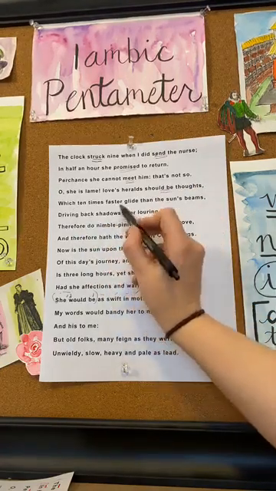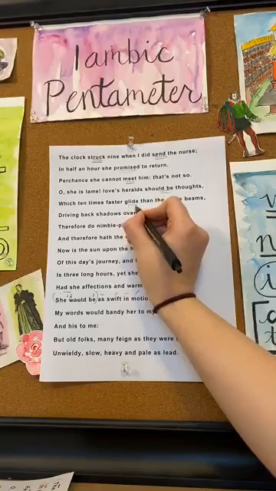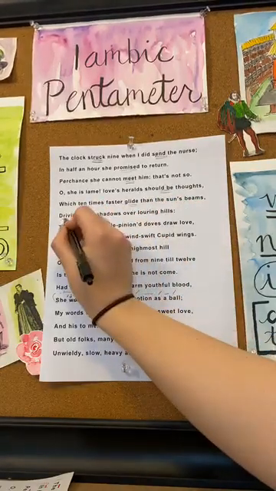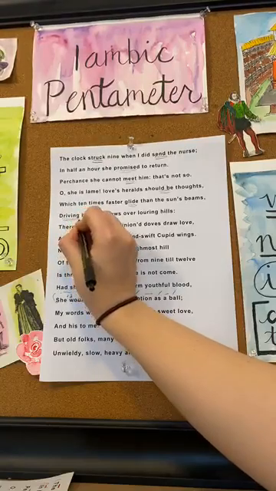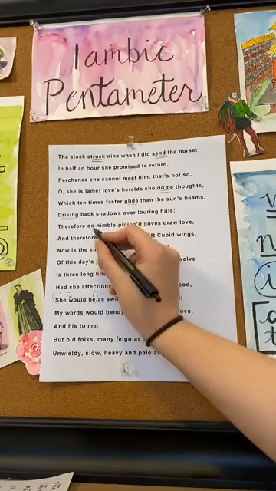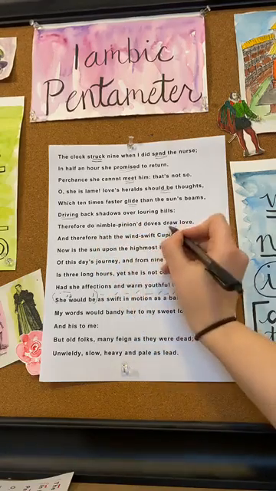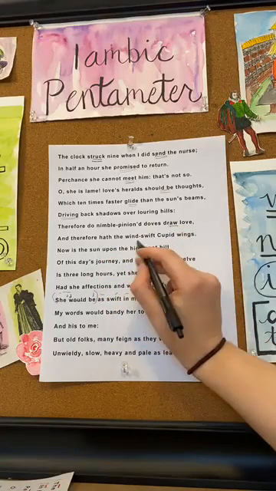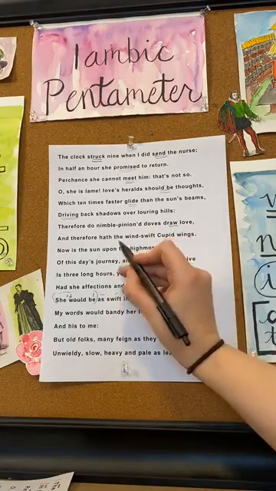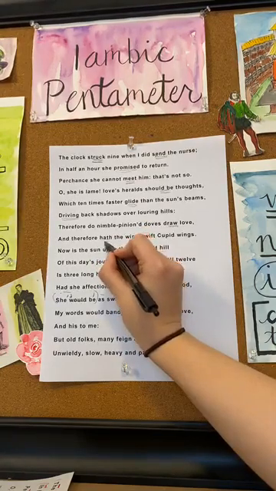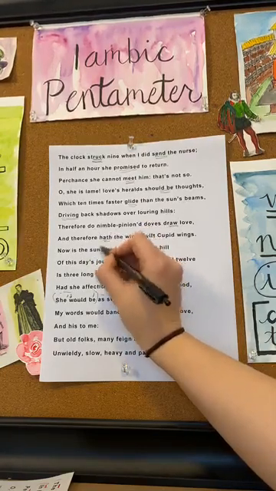Which ten times faster glide than the sun's beams, driving back shadows over lowering hills. Therefore do nimble-pinioned doves draw love, and therefore hath the wind-swift Cupid wings. Hath would be our verb here. That's where Cupid has something.